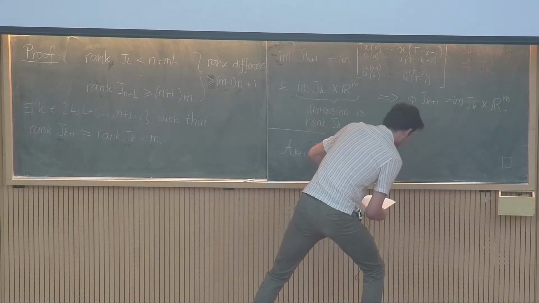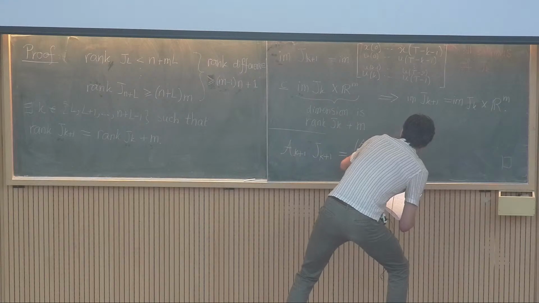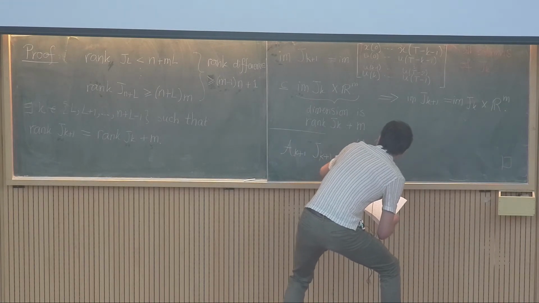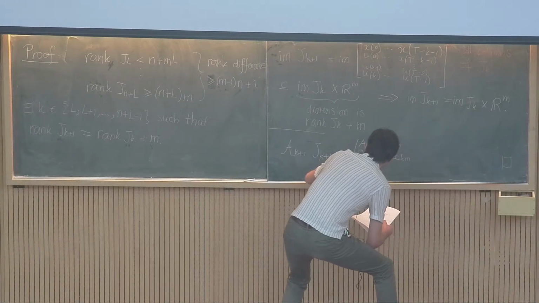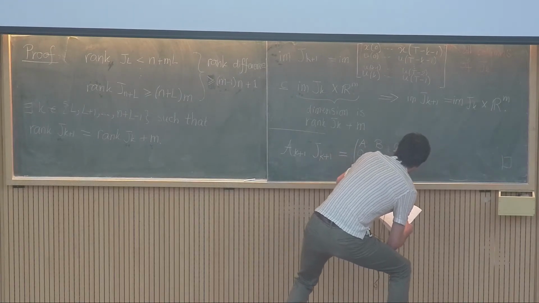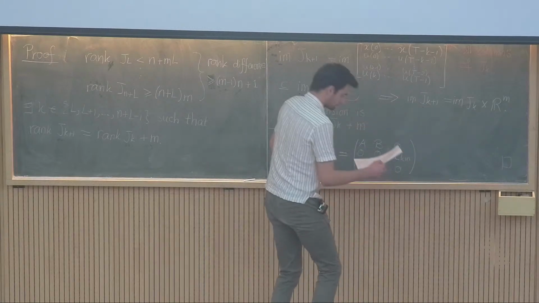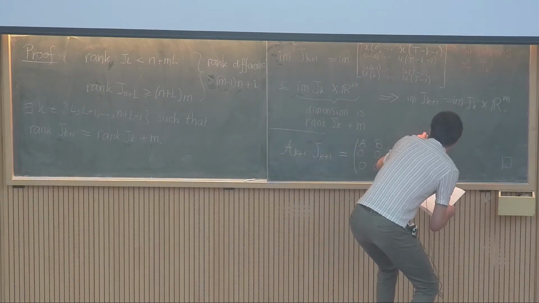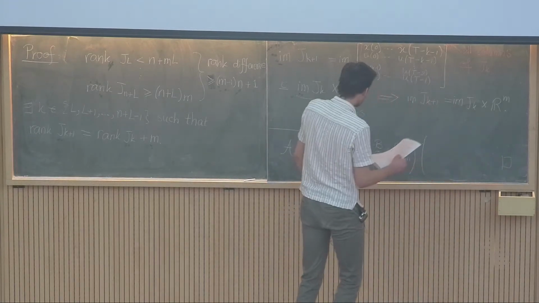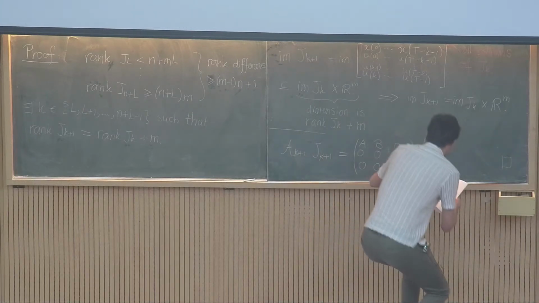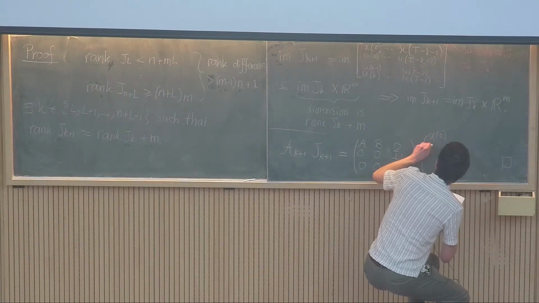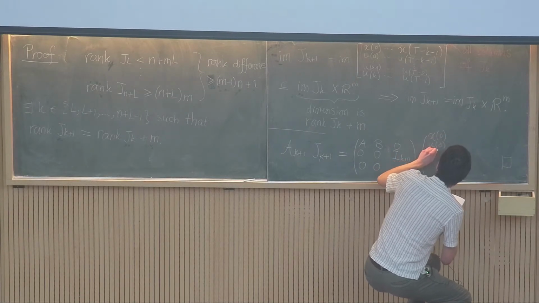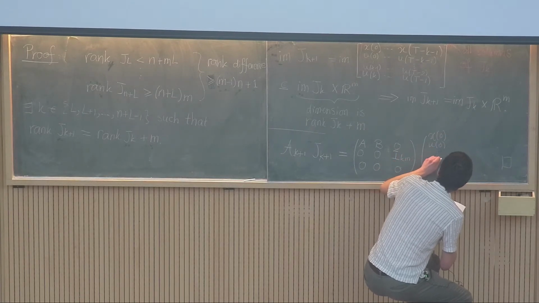So A, B, zeros, 0, 0, identity of size m, 0, 0, 0. Right, and furthermore, the J_{k+1} matrix we already had before. So this was x_0, u_0, up to u_{k-1}, u_k.